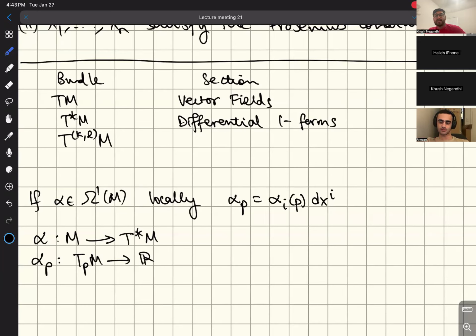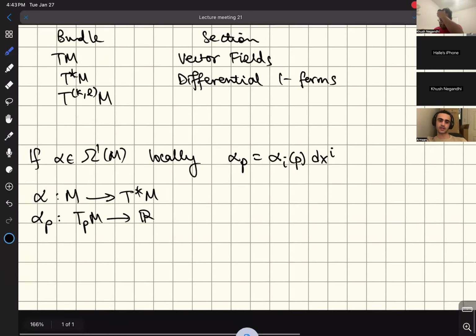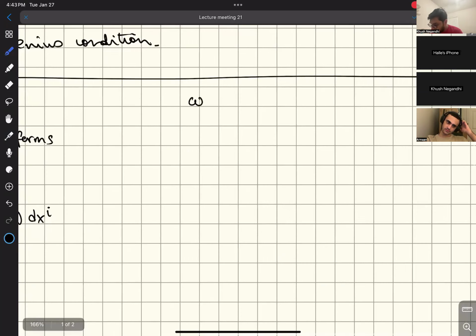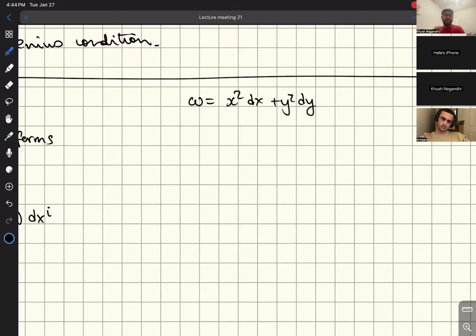Sort of, yeah. We can do an example. Let's do a simple example. Let's say we had the one form on R^2 given by x squared dx plus y squared dy. Let's say we evaluated this at the point (1, 0).